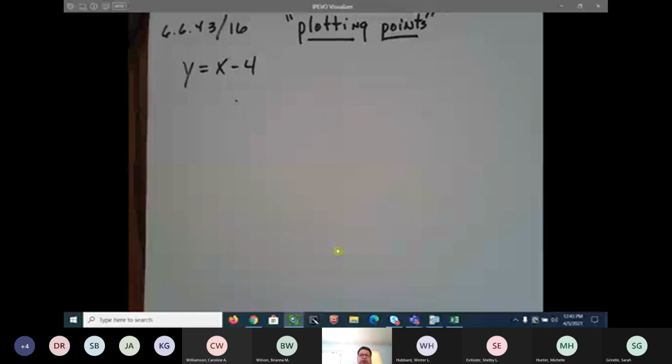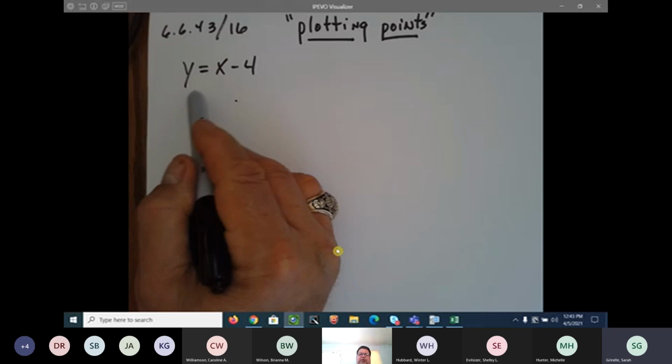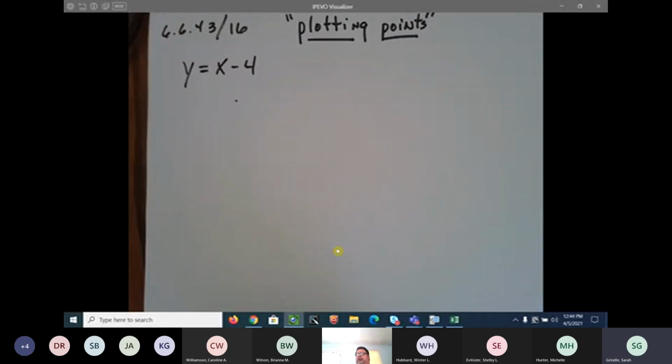Okay, everybody look on your sheet. It's right below method 1. Y has to be by itself. Thank you. Is y by itself? Yes. Another indicator of method 1 or method 3. So you have 2 indicators that tell you to use method 1.